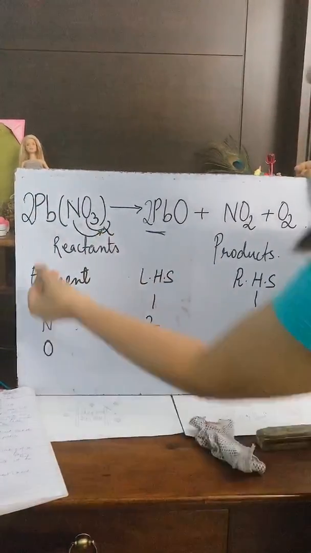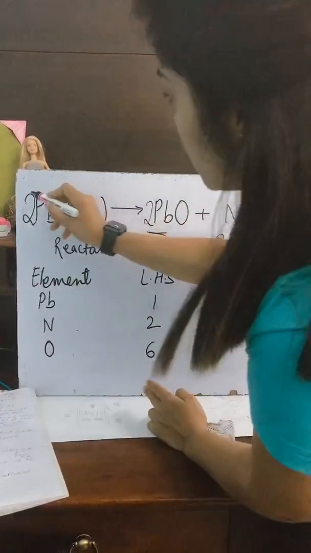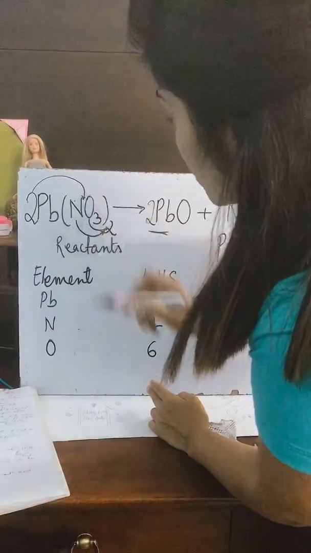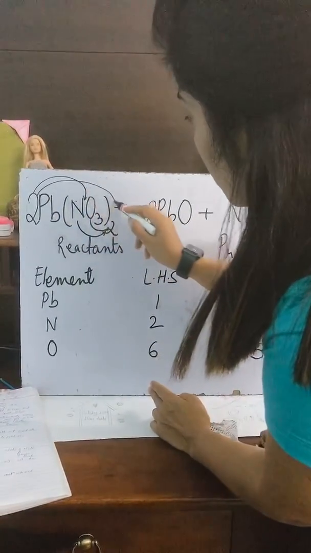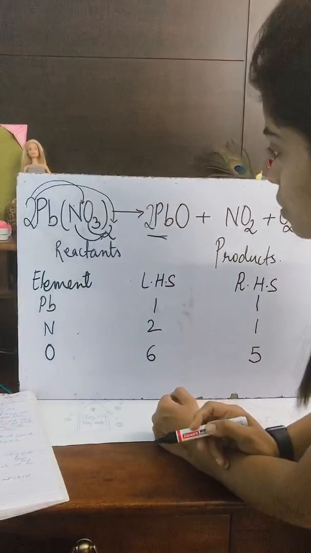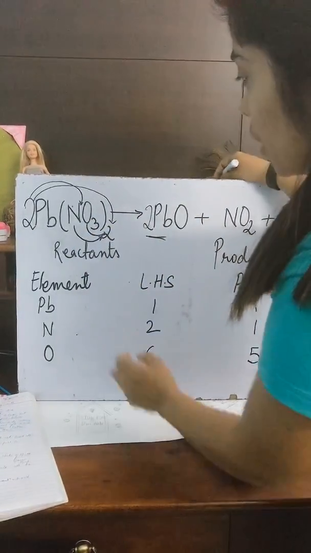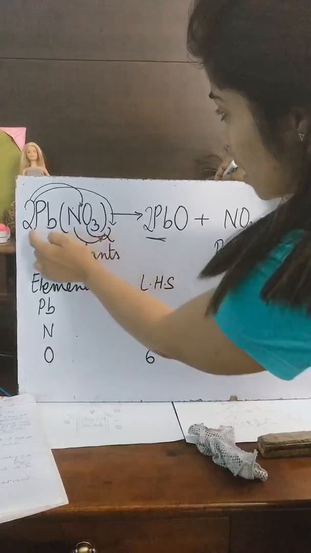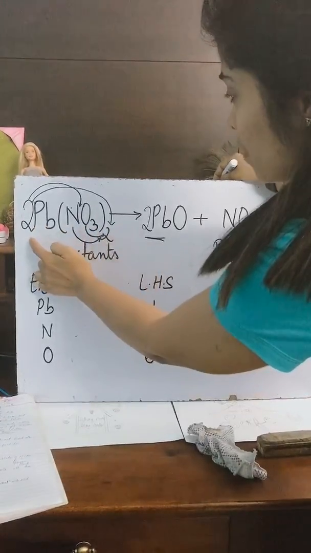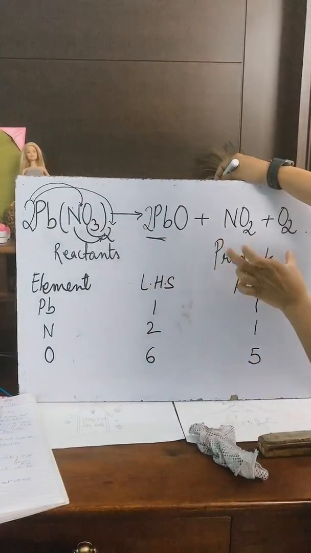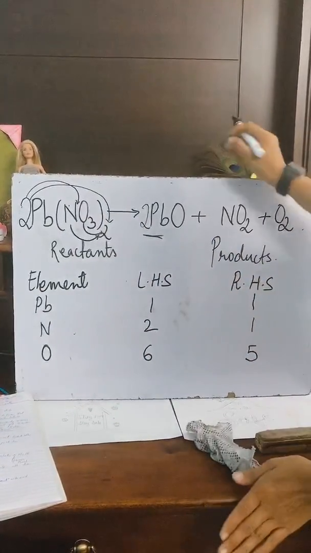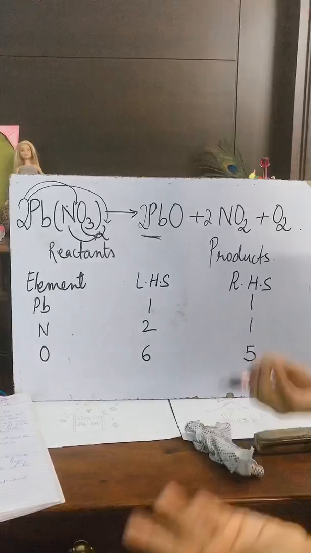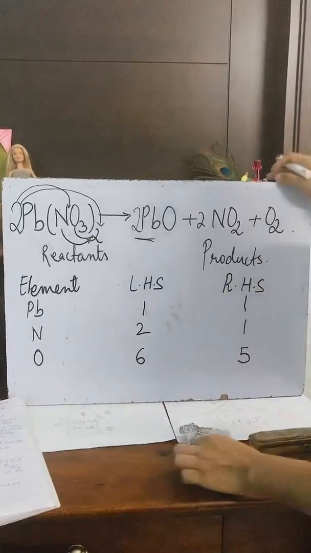So now if I am writing 2 over here, this 2 will be multiplied by this 1 nitrogen, and this will be multiplied by this 2 oxygen also. That means, what do we have now? We have 2 nitrogen, and 3 twos are 6, 6 twos are 12. 12 oxygen we were having. Now if I have to write, I can put 2 over here also to check it out, but I will not check as I have already practiced.